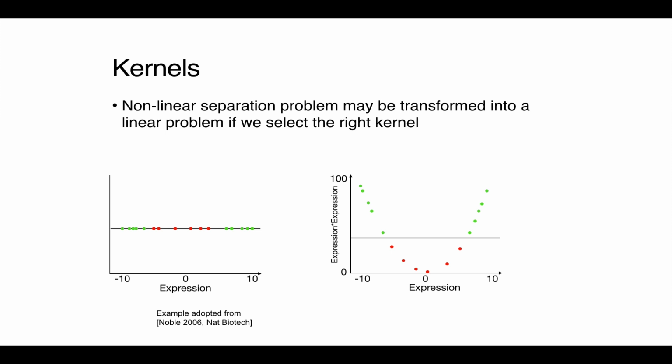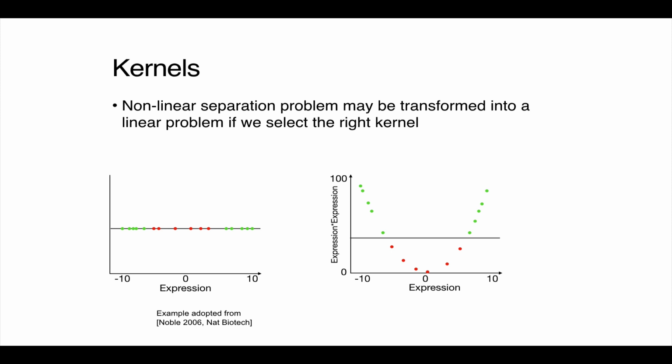Here we want to separate red and green dots, where the red dots are centered around 0, and it's impossible to select a separating hyperplane that would separate this based on just expression value alone.